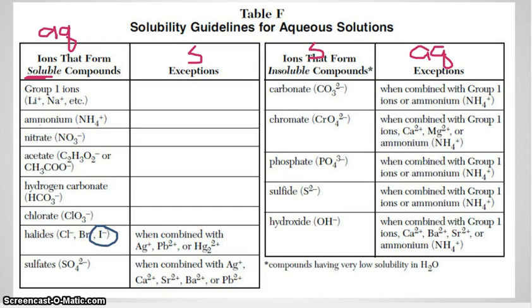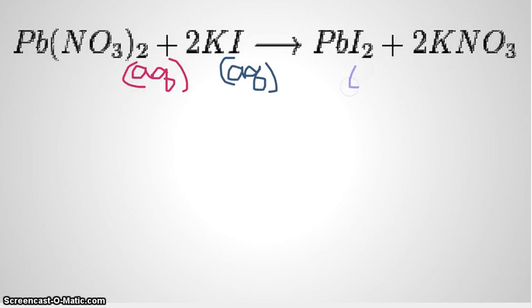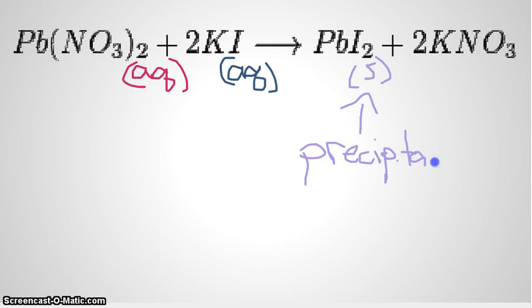Our exceptions in this case are when combined with silver, lead, or mercury, and it is combined with lead Pb plus 2 in this case, which means it's an exception to being soluble, so it's actually insoluble. So we're going to give it a notation of an S for solid. So PbI2 will not dissolve in water. So from this reaction, this is our precipitate. This tells me that this reaction will take place.